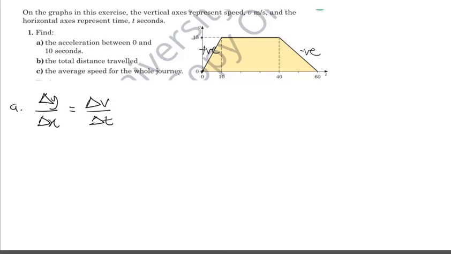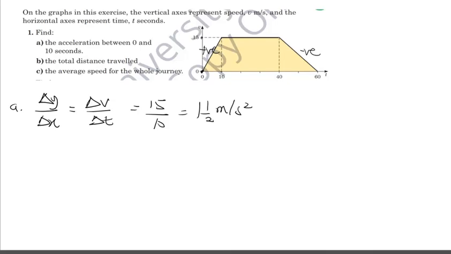So we'll have 15, and then our change in t, the distance from 0 all the way to 10, gives us 10. So this gives us 1.5 meters per second squared. The unit for acceleration is meters per second squared.